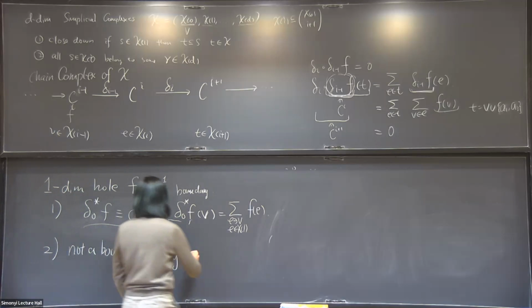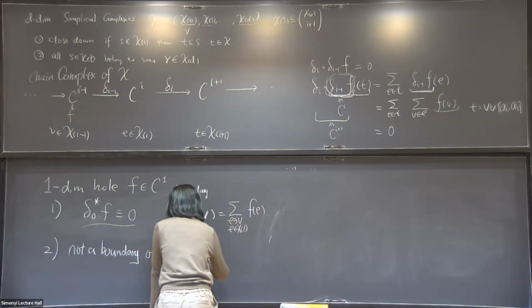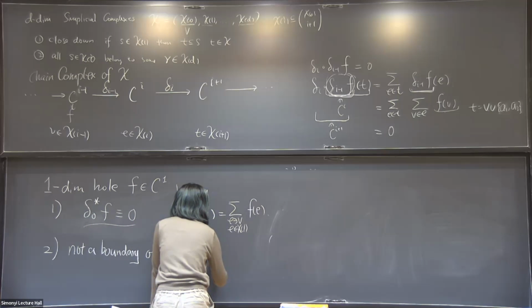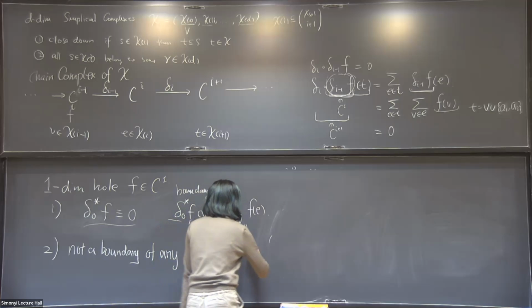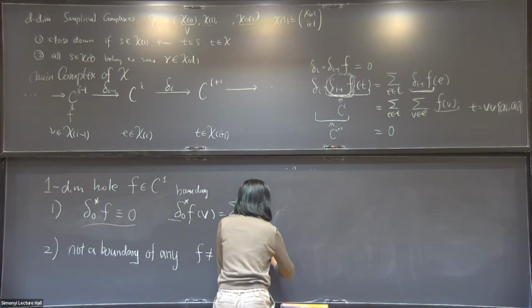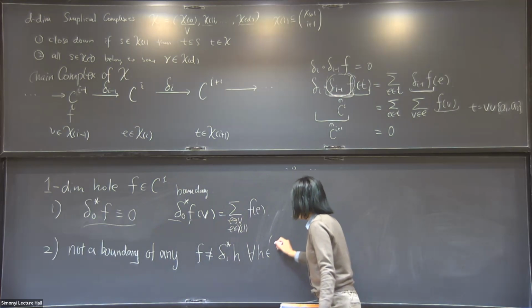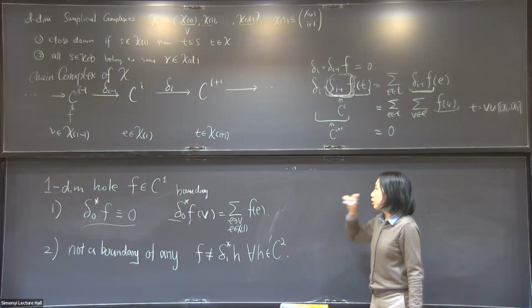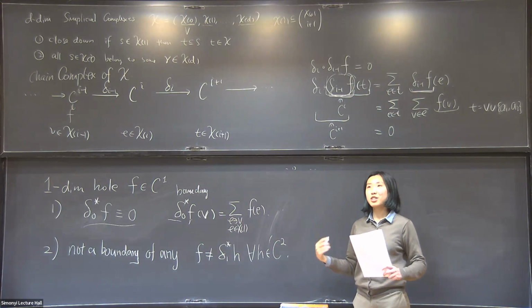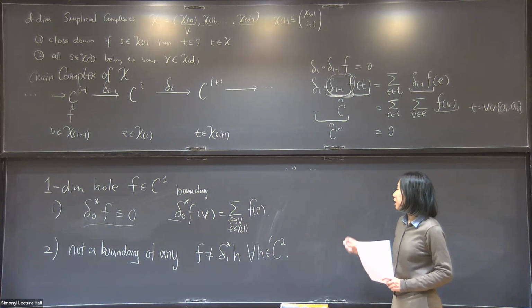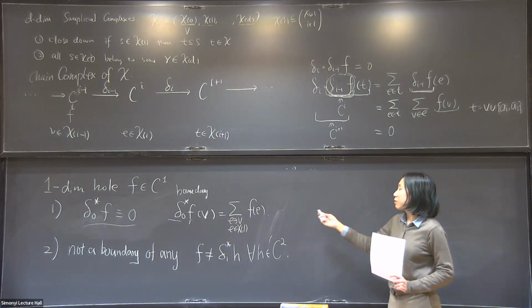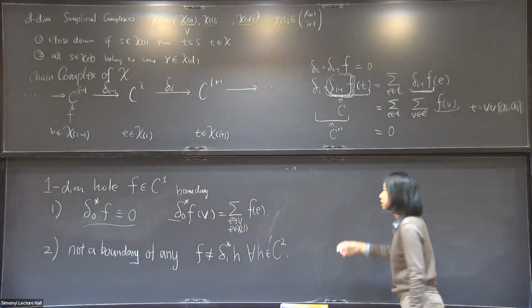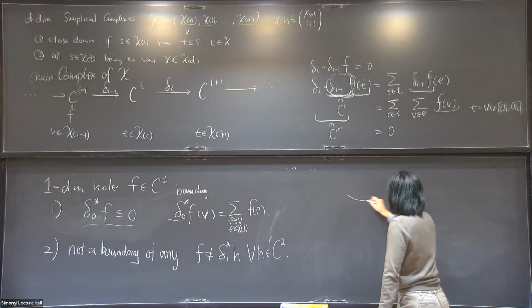So this translates to essentially f is not equal to delta 1 star H for any H that's an indicator set of triangles. So this would be what a loop is. So more geometrically, or more visually, one example of a graph with a hole would be like the donut graph, right?